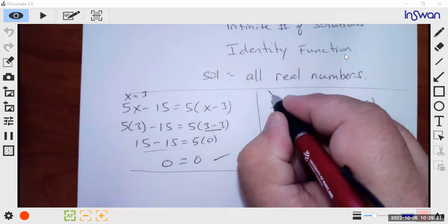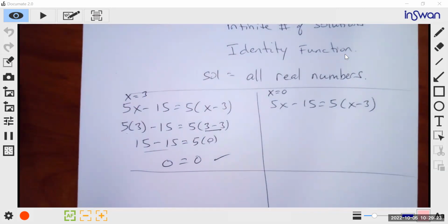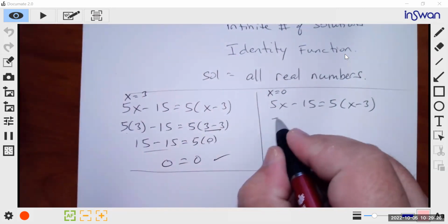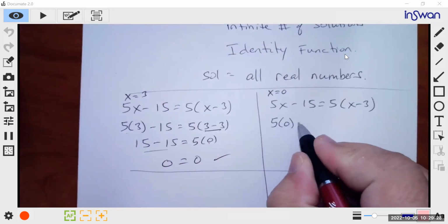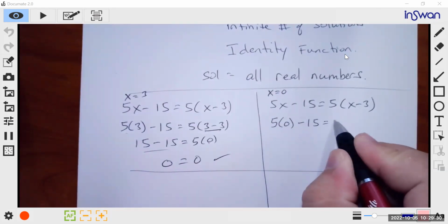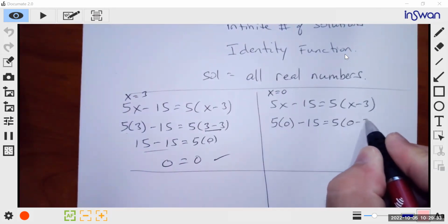Give me another number. Let's try 0. X equals 0. So anywhere I see an x, I put a 0.